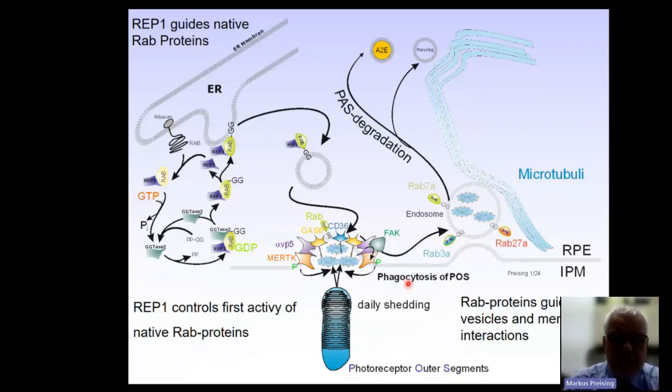In these endosomes, the photoreceptor outer segments are recycled, or at least deposited, in the retinal pigment epithelium, and the activity of recycling or depositing creates an impact on the retinal pigment epithelium.